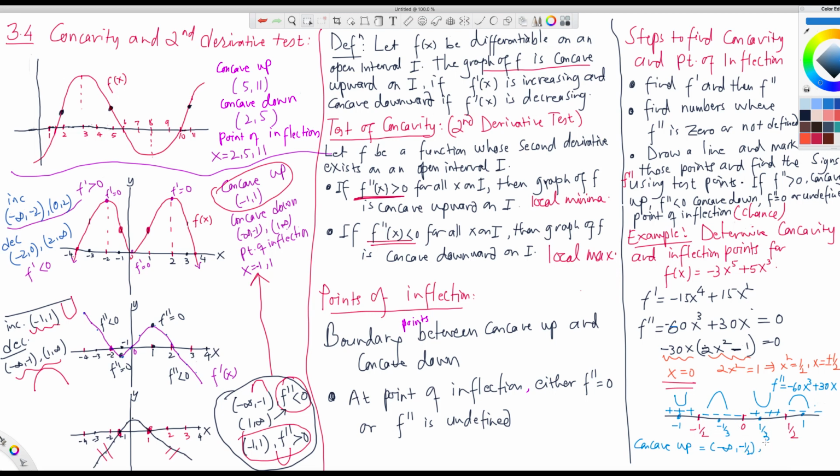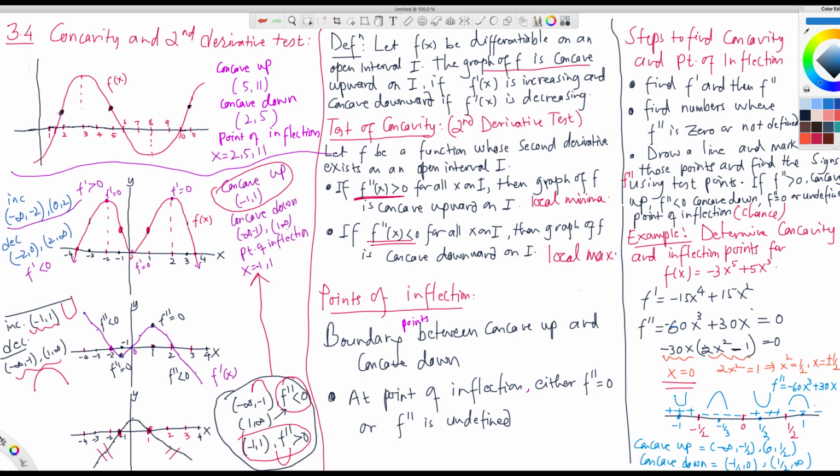Oh, sorry, 0 to positive 1/2. That is the concave up. How about concave down? It is negative 1/2 to 0, and then 1/2 to positive infinity. These are concave down because of the second derivative.